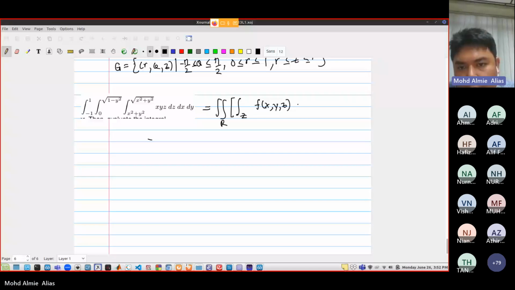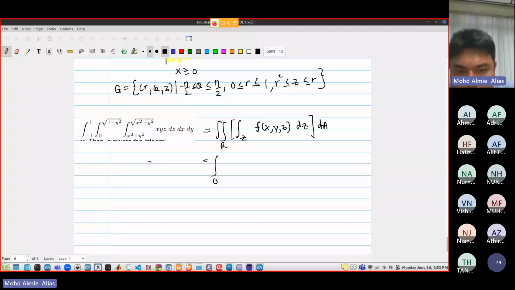This is dz, this is dA. So just use everything here. Theta from minus pi over 2 until pi over 2. r is from 0 to 1. z goes from r squared to r.